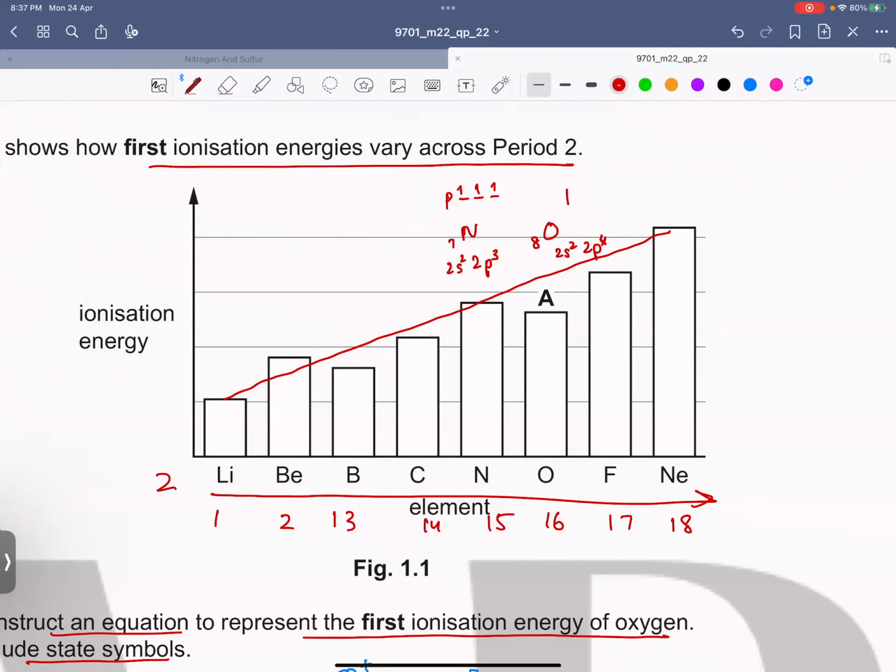But here it's 2p4, where if you fill 4 electrons, one orbital has a pair of electrons, and due to this pair there is a spin pair repulsion, due to which the electron gets further away. That's why there is a decrease in ionization energy from nitrogen to oxygen. Is this understandable?